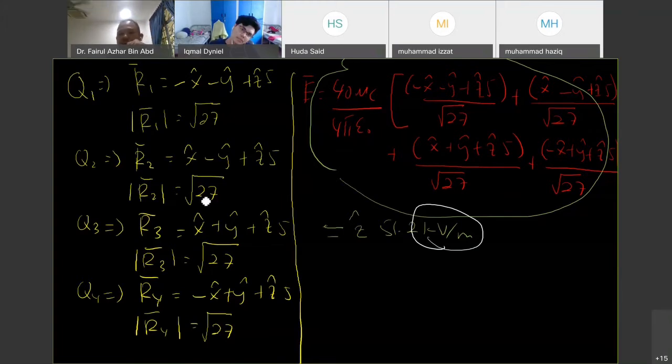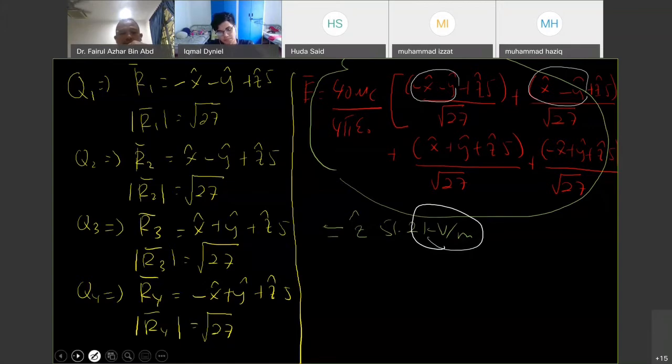So basically, as you have seen in this question, you can eliminate the x cap and y cap components. If you can see here, for example, we have minus x plus x is 0, and then plus x is x again, but then minus x again, so the component for x becomes 0. Similarly for y.